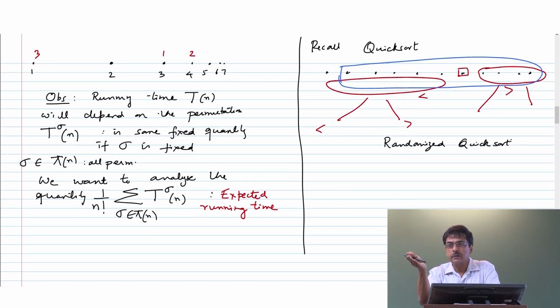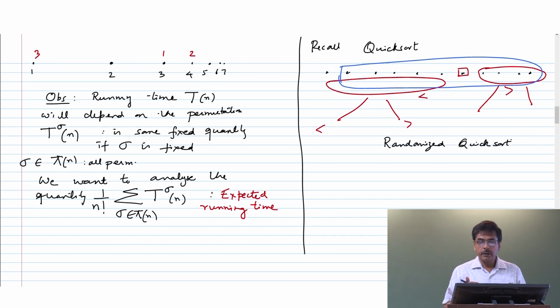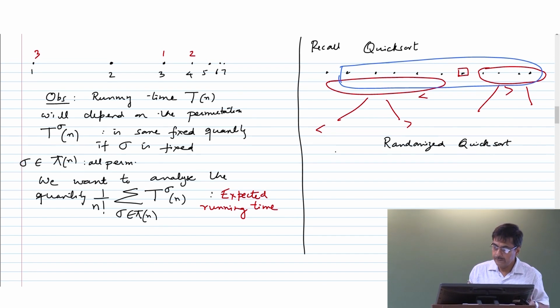Neither the adversary has any control, nor do you have any control. And every time I pick a pivot, yes, there is a probability of picking a bad pivot, but that is very small. So finally, again, the kind of analysis, and you can think about quicksort in the same framework, is that the sequence of pivots could be thought of as a random permutation.